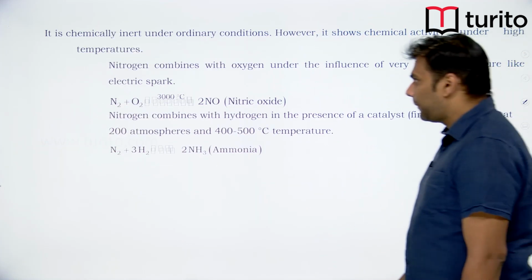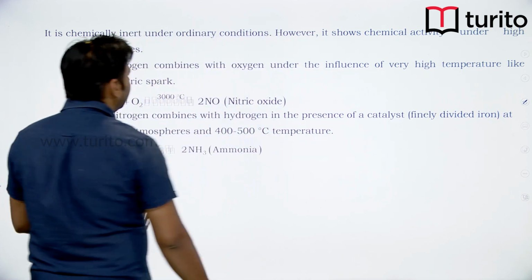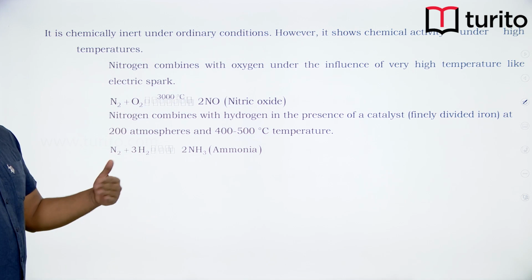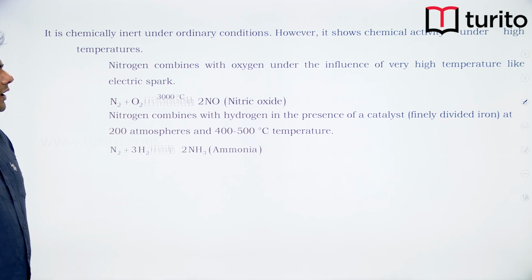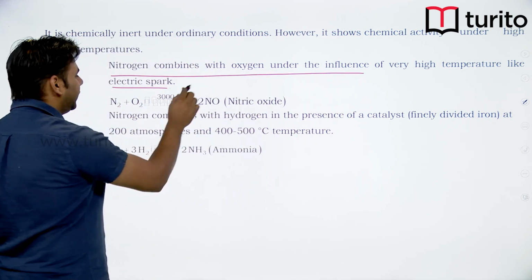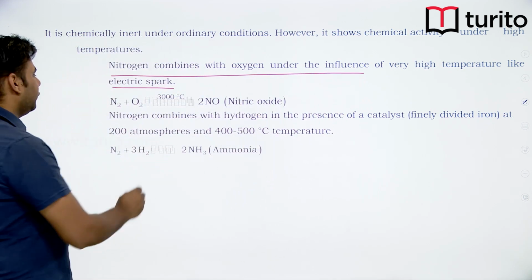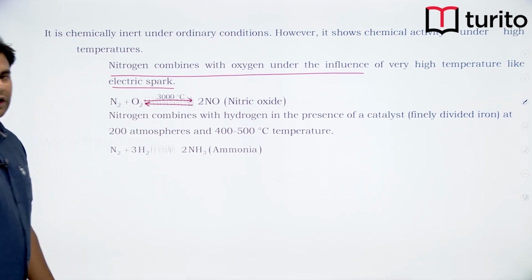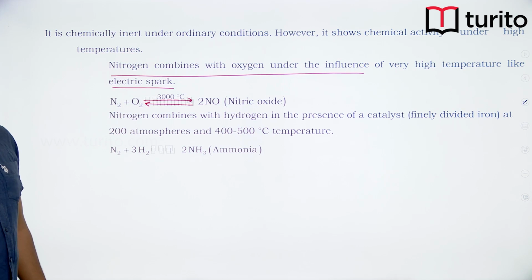We say that nitrogen is chemically inert under ordinary conditions because of the strong N triple bond N. However, it shows chemical reactivity under high temperature. Now we know that nitrogen combines with oxygen under the influence of high temperature, like an electric spark. So if you react N2 with O2 at a very high temperature or an electric arc, we will get nitrogen oxide.